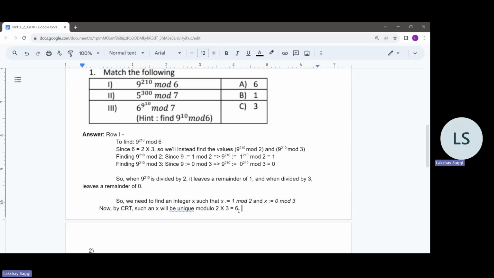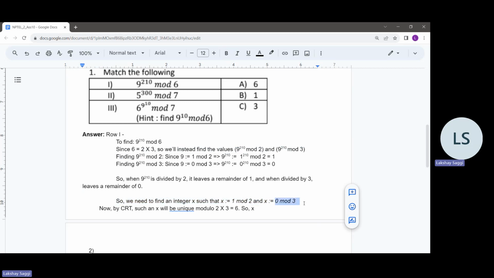So what this essentially means is that if we find an integer x such that x is 1 mod 2 and x is 0 mod 3, then we also know that 9 raised to the power 210 also satisfies these two properties, right? That 9 raised to the power 210 is congruent to 1 mod 2 and is congruent to 0 mod 3.